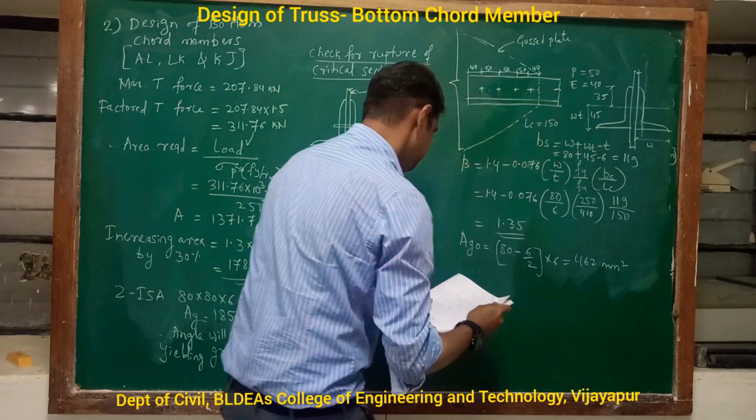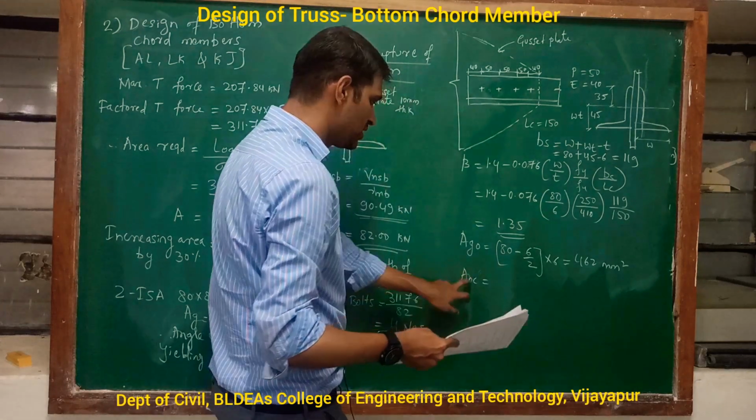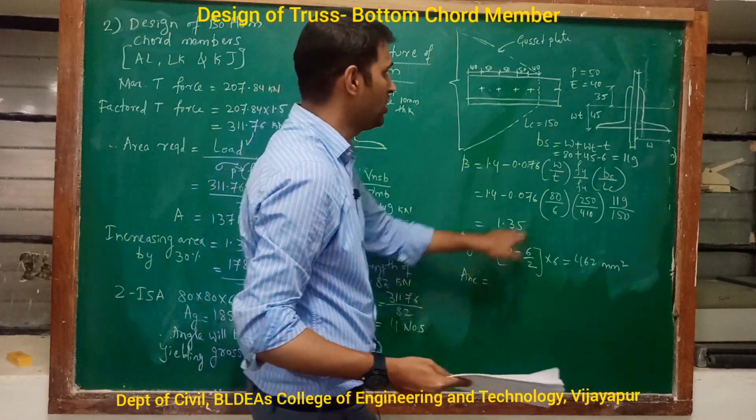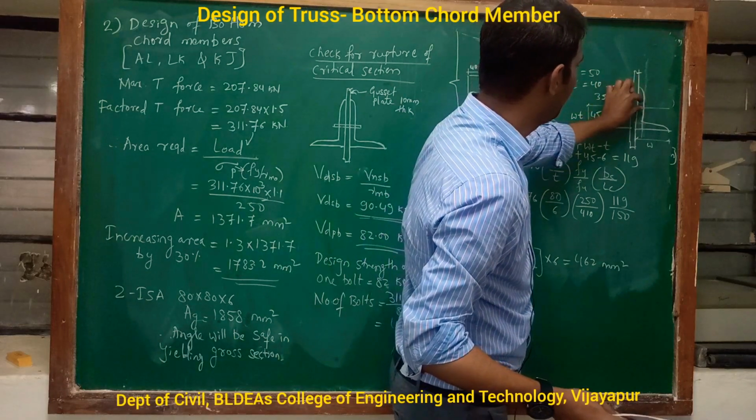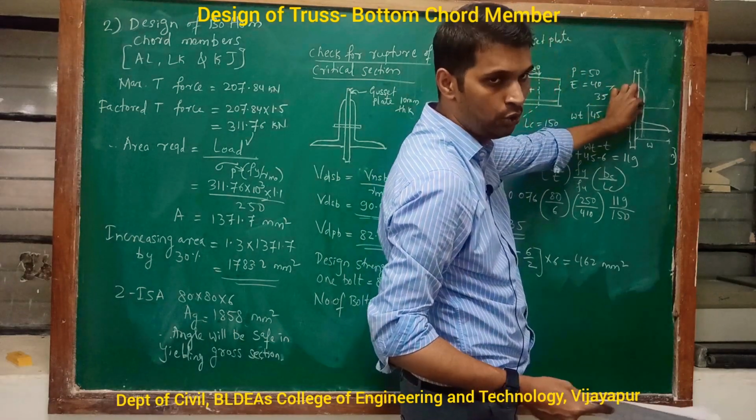square mm. Then ANC stands for net area of connected leg. So we are connecting one bolt hole, so from the total length we have to deduct one hole dia.